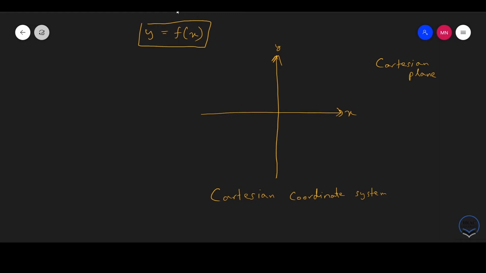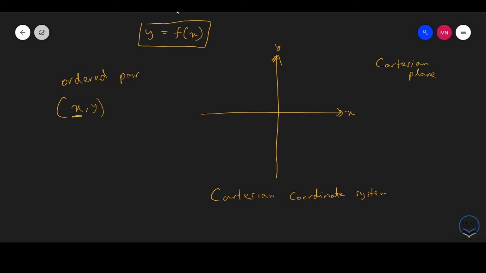And on this Cartesian plane, we can plot or specify any point uniquely using an ordered pair. So if we have an ordered pair like this, this is just a pair of elements and we call this an ordered pair, or you can just call this a coordinate.